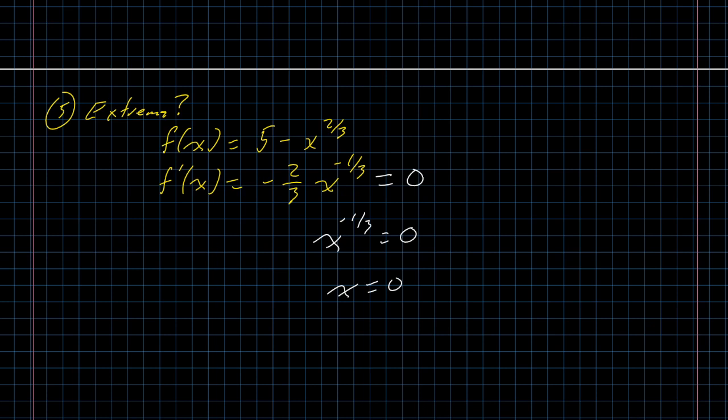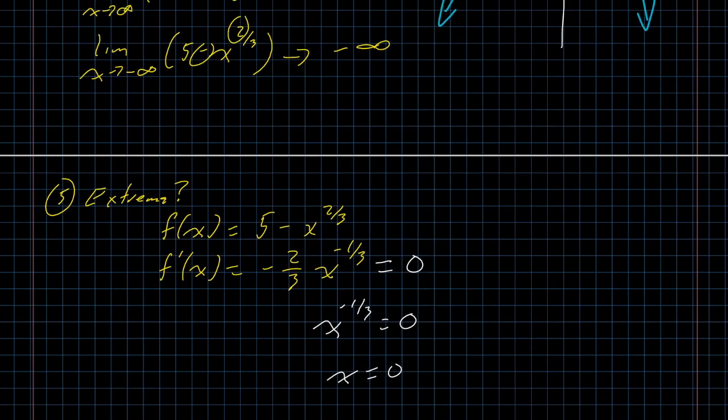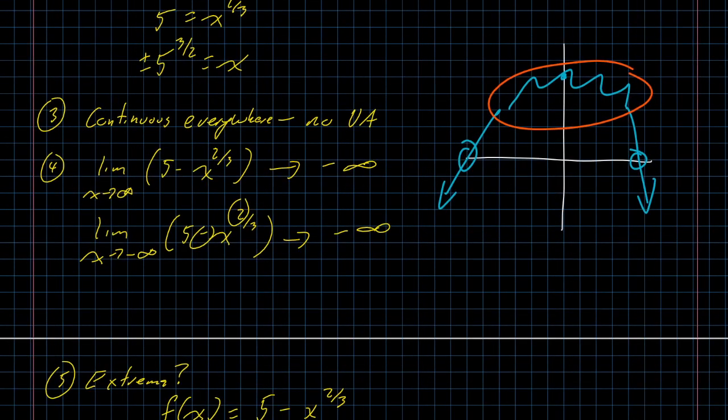So there is one extreme value. It is the point where x is equal to 0, which we already know is (0, 5), because that was the y-intercept. Interestingly, we can do a lot with that information. Because we know that the function is tending towards negative infinity, we know that it's got to be going downward at the end.